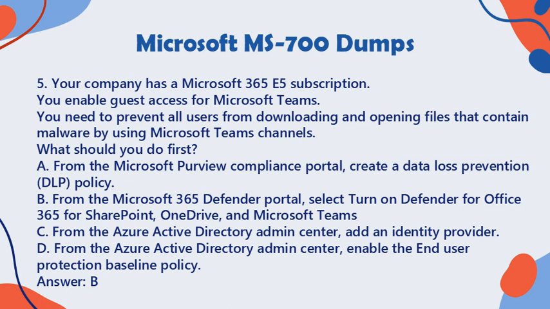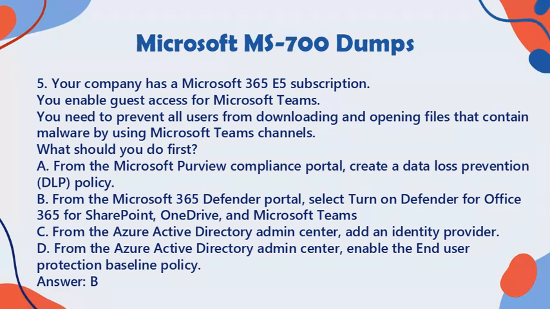5. Your company has a Microsoft 365 E5 subscription. You enable guest access for Microsoft Teams. You need to prevent all users from downloading and opening files that contain malware by using Microsoft Teams channels. What should you do first? A. From the Microsoft Purview Compliance Portal, create a Data Loss Prevention (DLP) policy.